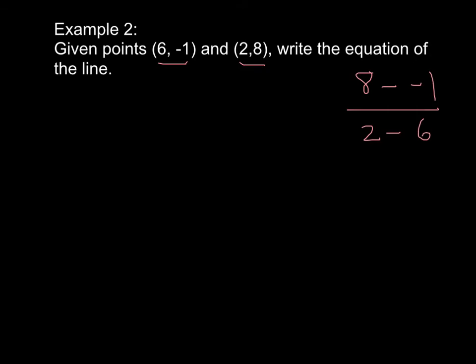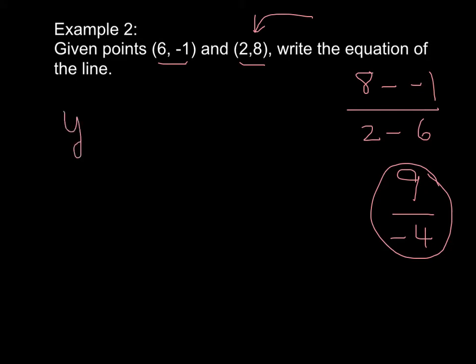And that slope comes out to be 9 over negative 4. So my slope is negative 9/4. And now I have my slope. And I have plenty of points. I really only need 1 point and a slope. It doesn't matter which of those 2 points I choose, so I'm going to just arbitrarily choose that one.